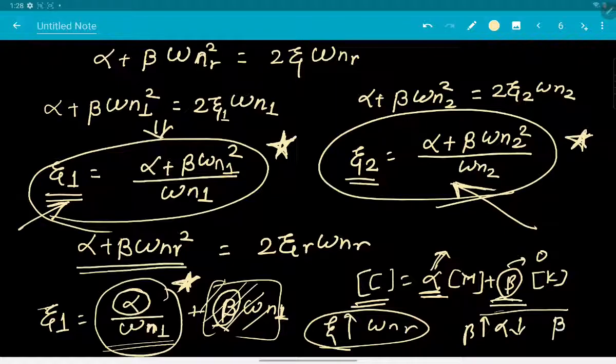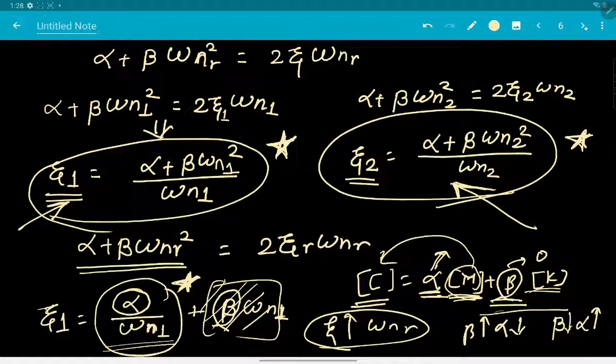However, if you have considerably large frequencies, then you can think of having beta smaller and alpha larger. So the mass matrix will be governing C, with more contribution from the mass matrix and less contribution from the K matrix.